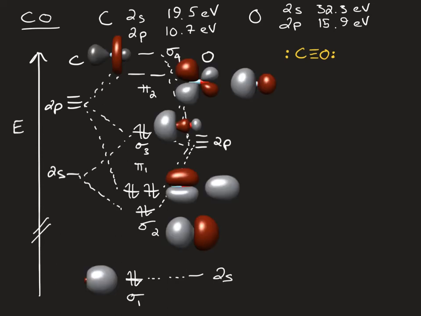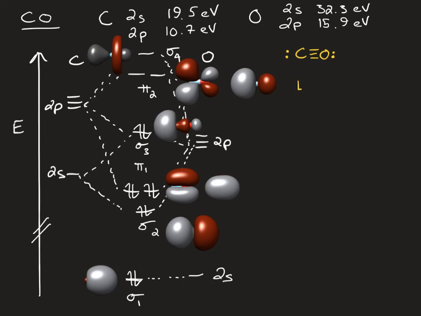So these are the computer-generated plots for the MOs for the CO molecule, with the two different colors signifying the two different phases of the molecular orbital. And we're going to do a few things in order to correlate some observable properties of CO with its molecular orbital diagram and also relate back to the Lewis structure.